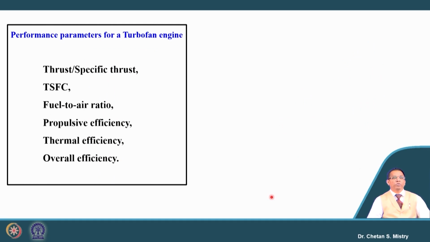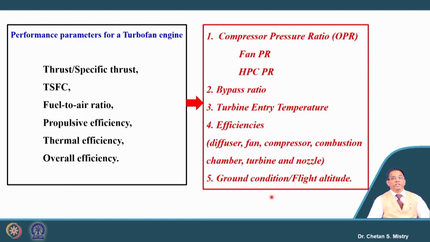Now, let us move to the next step. We are more interested in the effect of different cycle parameters on the performance. When we say performance, they are mainly thrust or specific thrust, specific fuel consumption, fuel air ratio, propulsive efficiency, thermal efficiency, and overall efficiency.